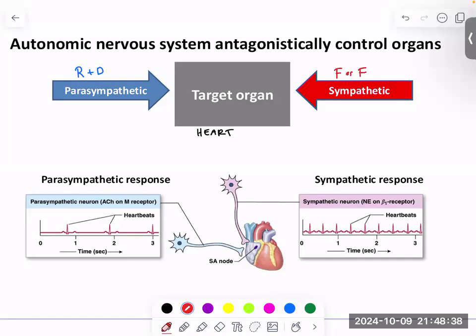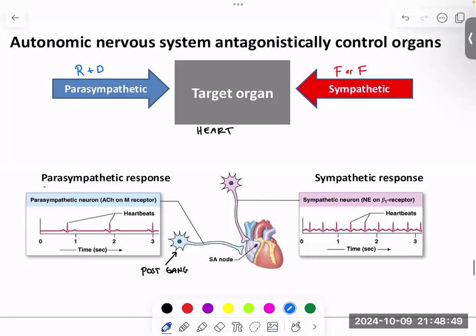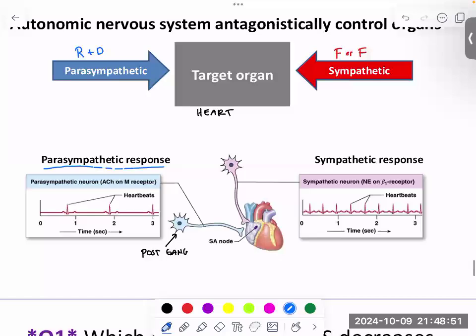How do they do this? Here are the postganglionic neurons for both of them. The parasympathetic response is shown in a neuron in blue. That neuron is going to send an action potential down its body, and it's going to release a neurotransmitter, the purple one, on the heart.